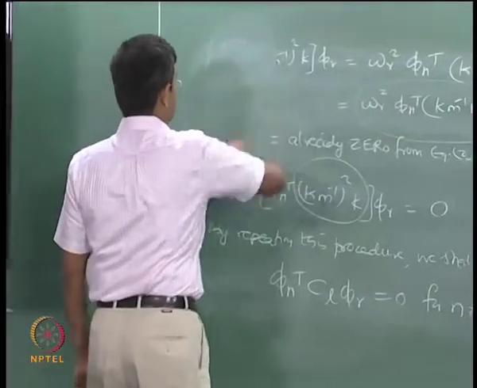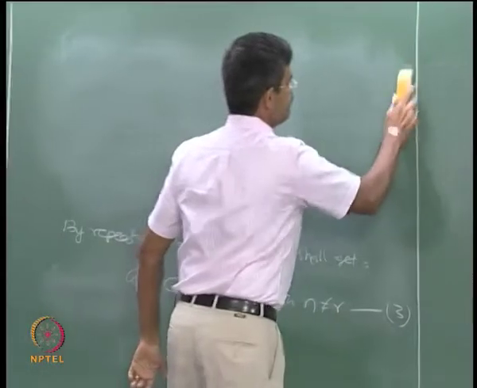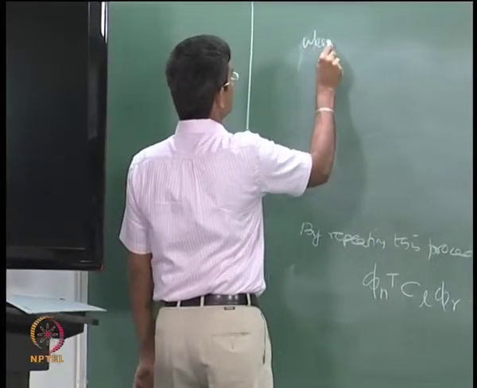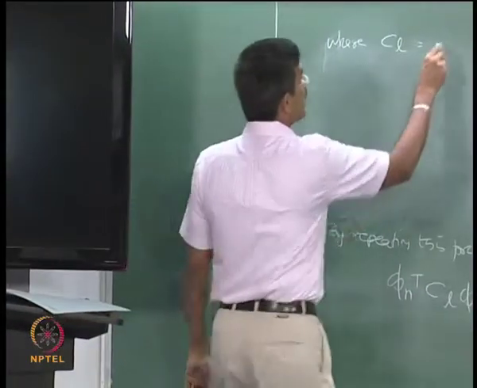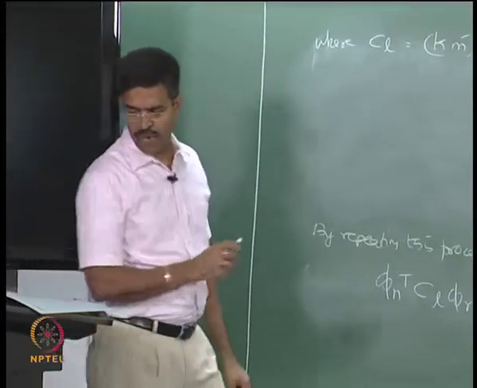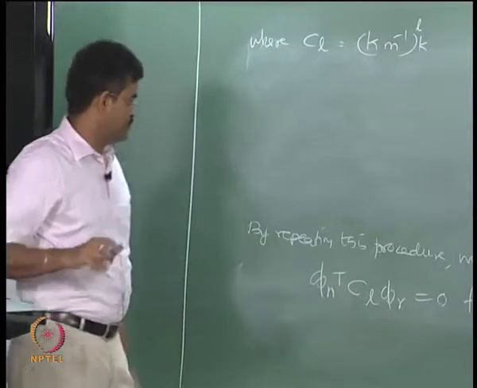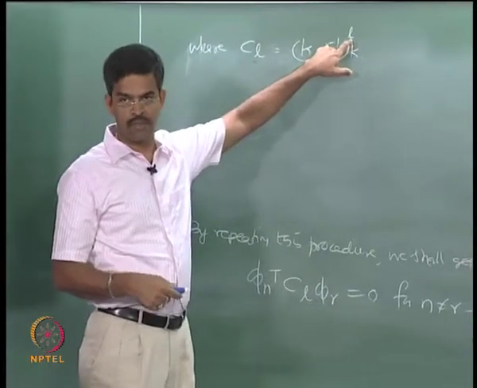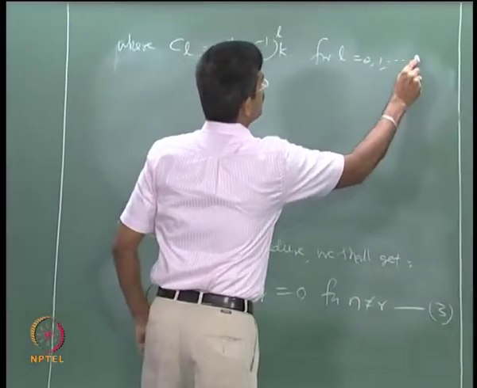Where C L is given by K m inverse of K to the power of L of K. This is what I am actually multiplying in my whole process, for L equals 0, 1 till infinity.